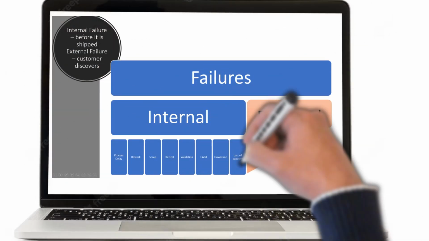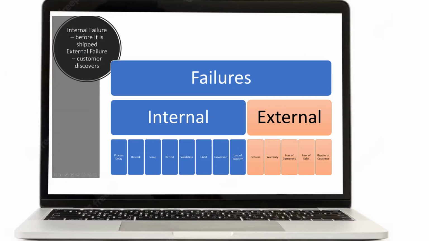Cost of poor quality due to internal failure will add up in cost of process delays, rework, scrap, retest, validation, corrective and preventive actions, downtime, and loss of capacity. External failures will add cost of customer returns, warranty, loss of customers and sales, and repairs at the customer location.